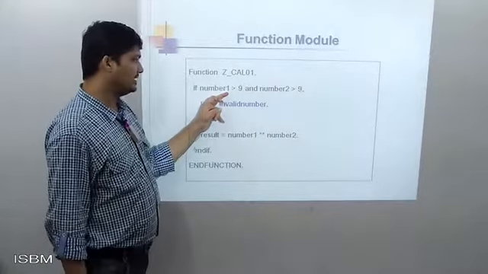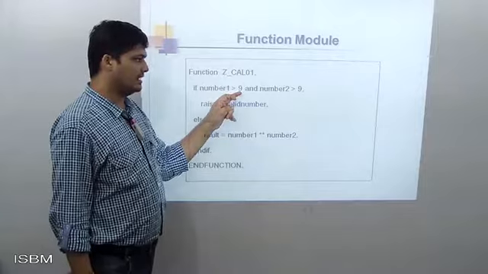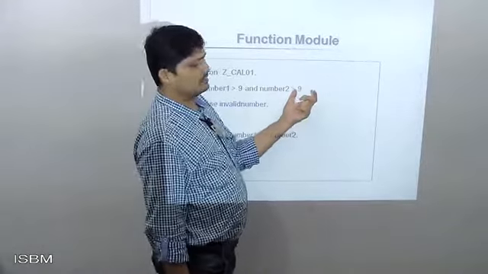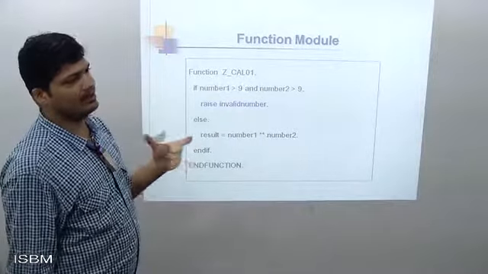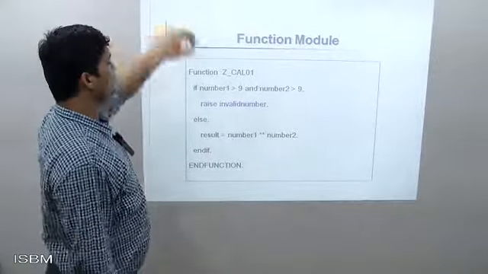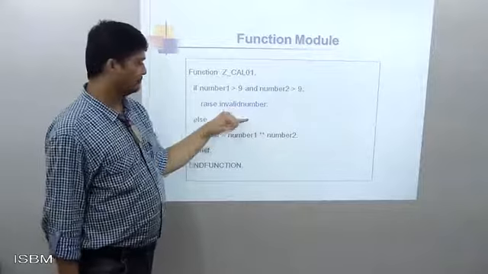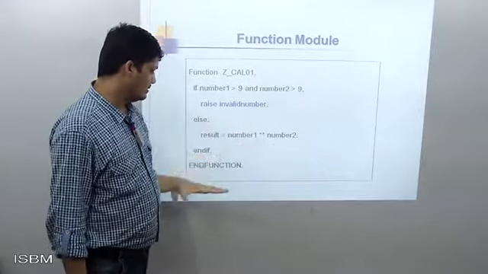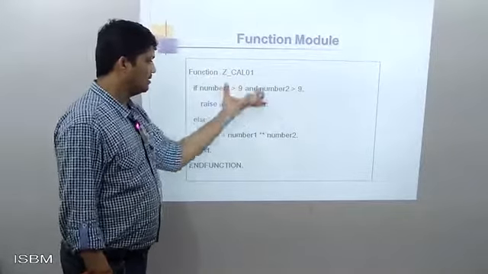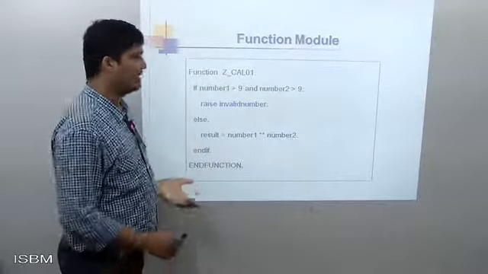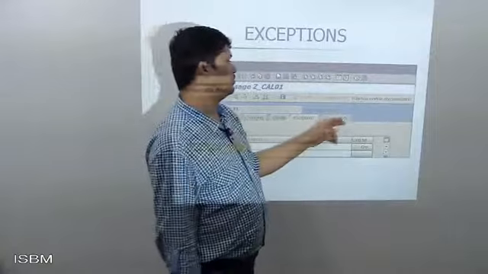If number 1 is greater than 9 and number 2 is greater than 9, both numbers greater than 9, I'm going to say 10, 11, 12 or 100, whatever. So raise invalid number, else result equal to this. So this is the logic I need to write over here in the source code.